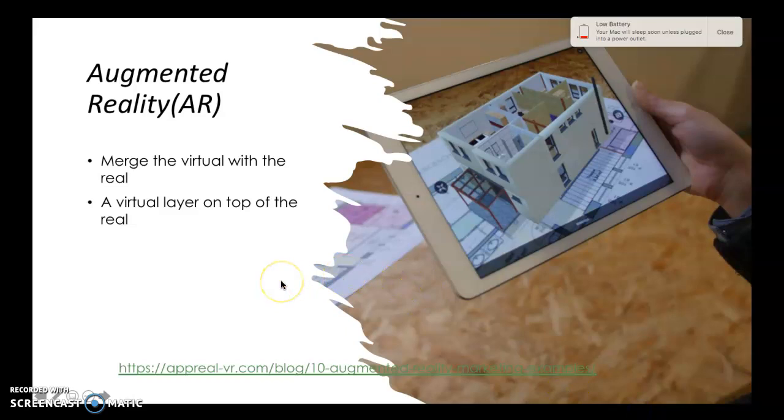All right, so the next topic we're going to talk about is augmented reality. What makes augmented reality different from VR is that augmented reality is a VR layer on top of the real environment. For example, here you can see this person is holding an iPad but is shooting at the blueprint of a floor plan.